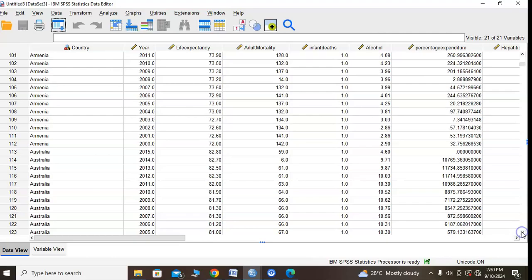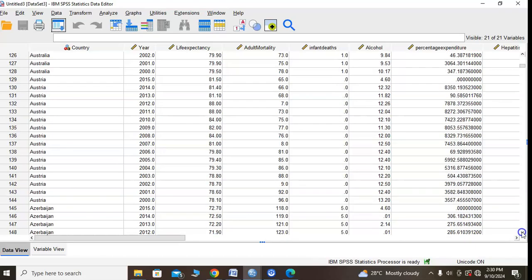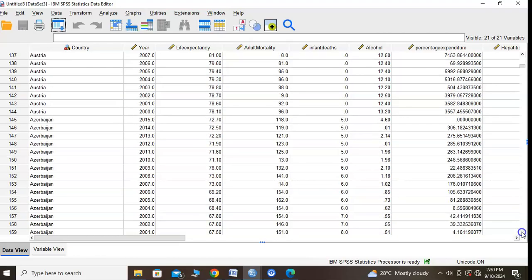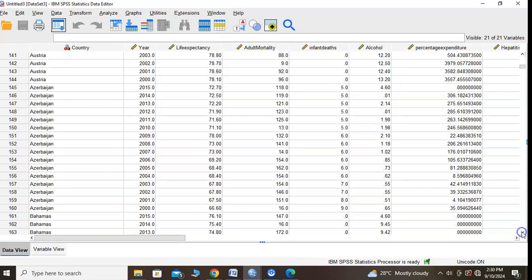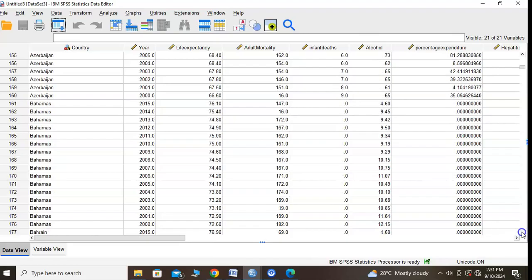To do this, I used Graphs, Legacy Dialogs, Scatter to create scatter plots of life expectancy against factors like GDP, adult mortality, and immunization rates. The scatter plots showed a positive correlation between life expectancy and GDP, and a negative correlation with adult mortality. These findings justified the choice of variables for further modeling.